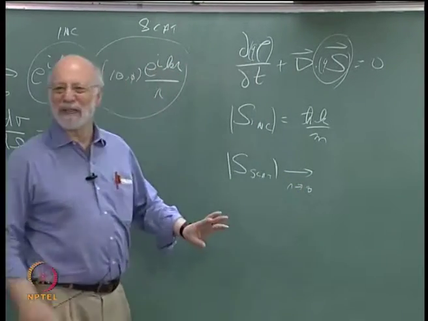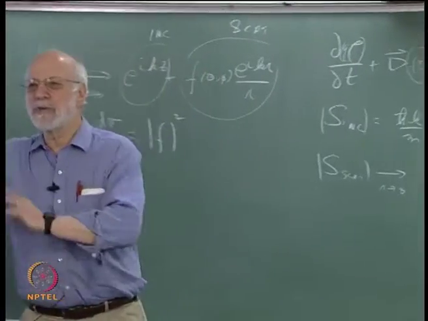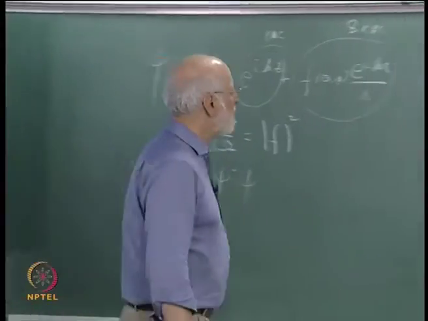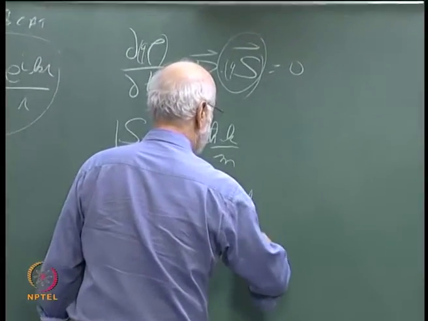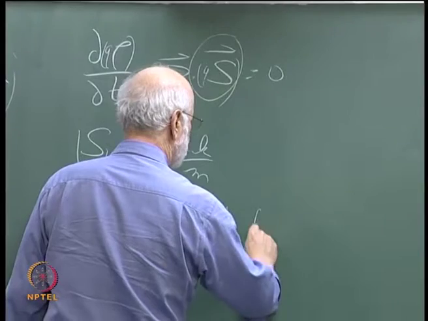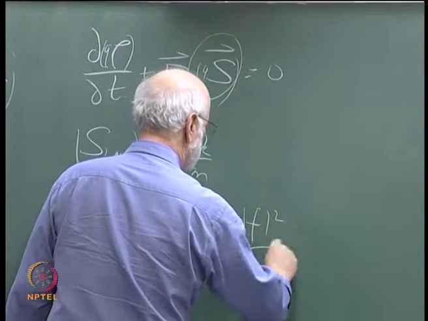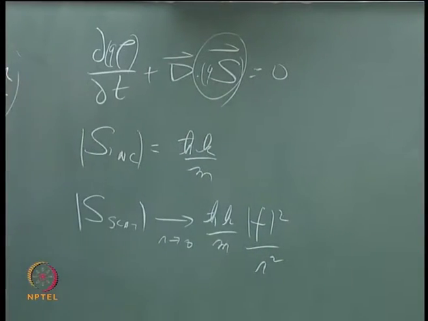It's actually a very complicated expression, but most of it goes away as r goes to infinity. You get h bar k over m times f absolute square over r squared.